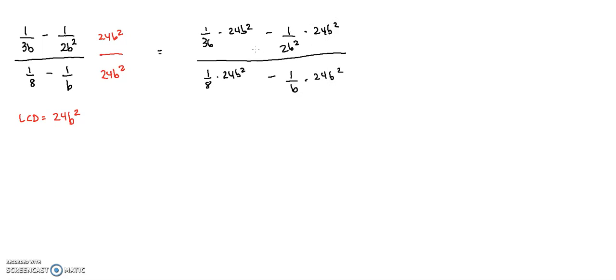So now we can go through and cancel the things that can cancel. Okay, so 36 and 24, those can both be reduced by 6. Actually, we can reduce both of those by 12. Okay, 12 would be even better. So 12 goes into 24 2 times, and it goes into 36 3 times.